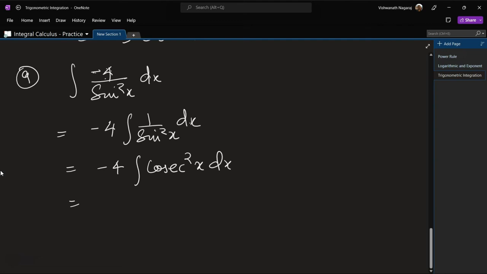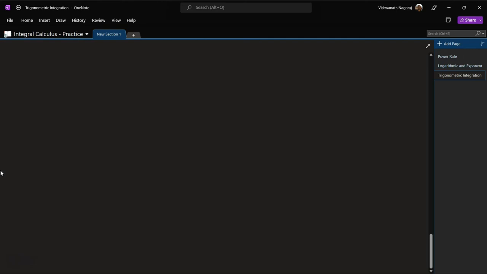Now we require minus cosec square x because minus cosec square x is the derivative of cot x. So let's make this minus and this plus. So we get 4 cot x plus c. So as you have noticed, the better we know the derivatives, the easier it becomes to do integration.